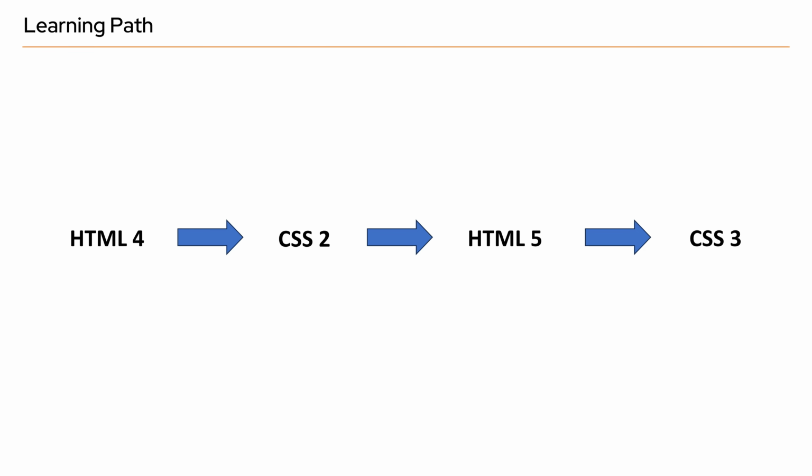In the HTML5 section, we'll explore new features of HTML5, allowing you to write more modern websites. Finally, in the CSS3 section, we'll look at more exciting topics like Flexbox, responsive layouts, 2D and 3D transforms, and more.